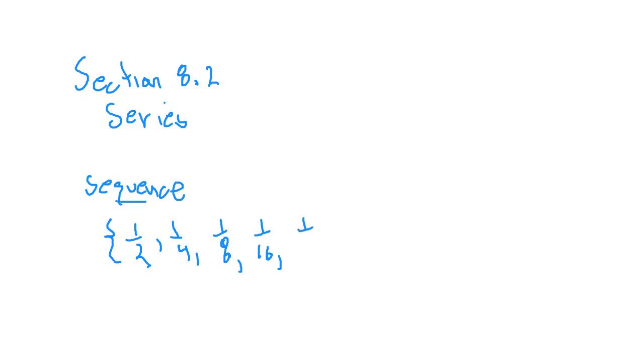That's right, Jonathan, 1 over 32. And the next term of the sequence would be, that's right, 1 over 64, and it keeps going.